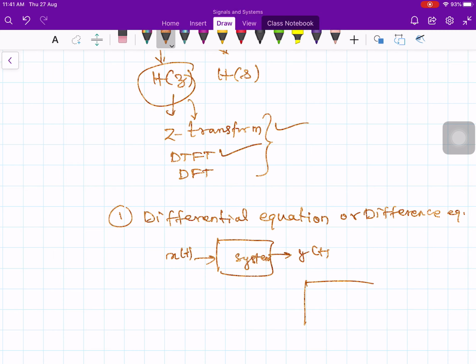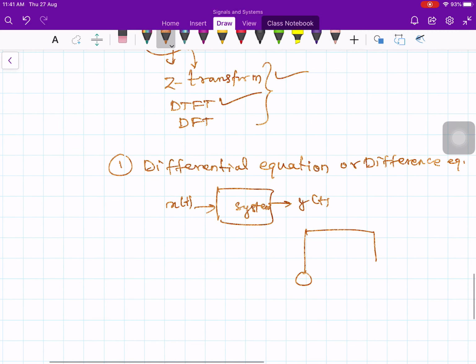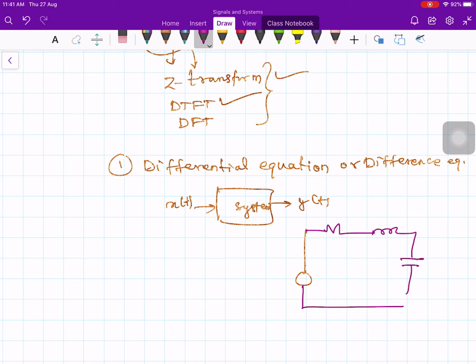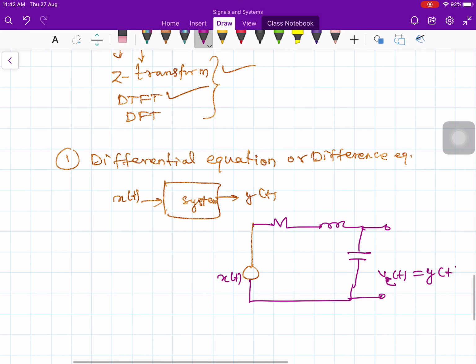For example, you put a resistor here, then an inductor, then a capacitor, and the input is x of t. You want to find the output, the voltage across the capacitor. Let me call this y of t. Now you write down the equation for this. The current flowing through this is I of t.